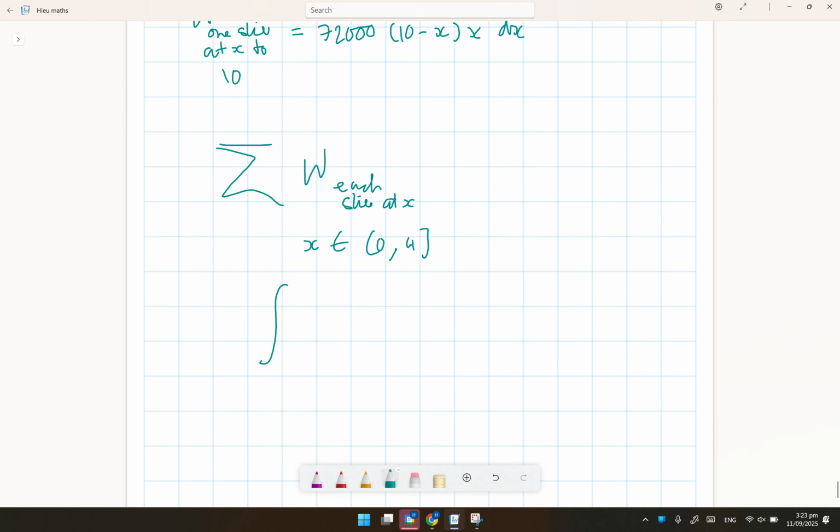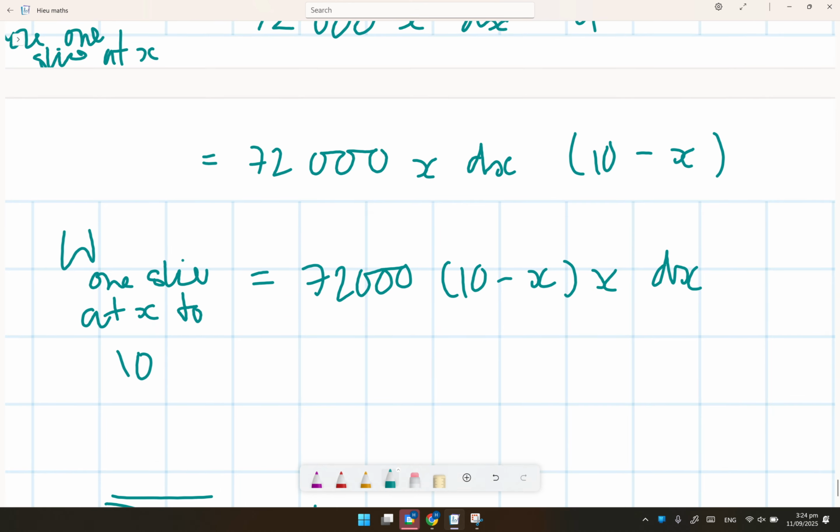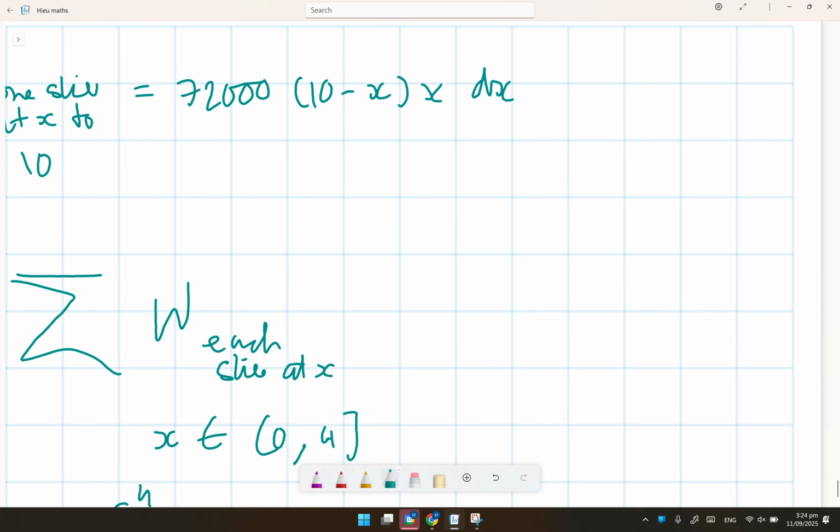Okay, now what does this mean? Well, we replace the summation symbol with this integral sign. We go from 0 to 4, and we do the work done for each slice. What's the work done of each slice at x? Well, the summation of that is just here, 72,000 times 10 minus x times x dx.